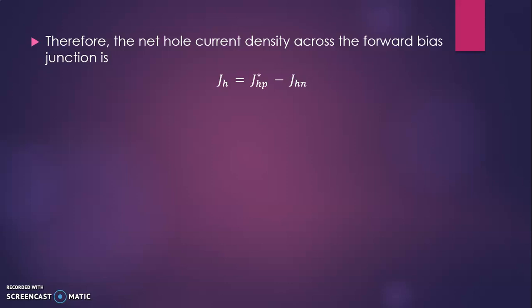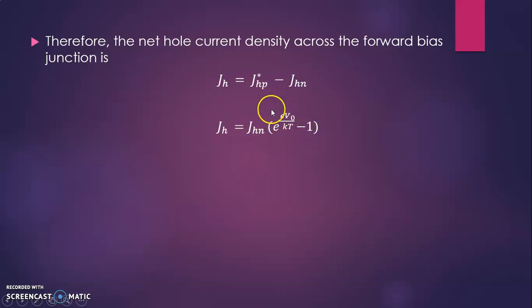The difference gives the current density of holes. Now we can simplify the equation as J suffix H is equal to J suffix HN into, in a bracket, e raised to eV naught upon kT minus 1.